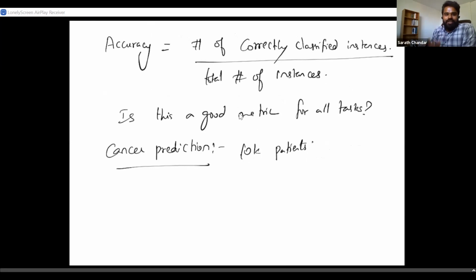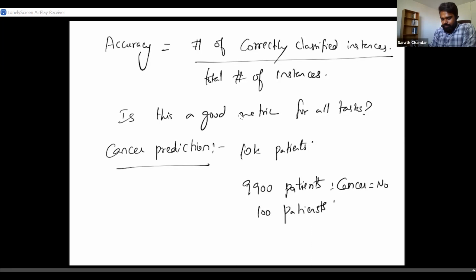Cancer is not a very common disease, so probably 9,900 patient records say cancer is equal to no, and 100 patient records say cancer is equal to yes. So there are 100 cancer patients and 9,900 patients who do not have cancer.